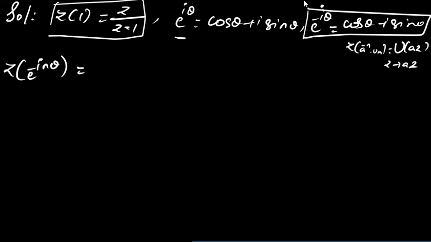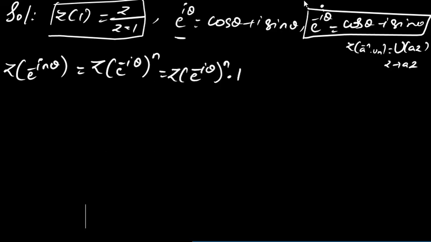Instead of writing this, I can also represent it as e power minus i theta whole power n, because e power minus i theta turns out to be a constant. So I can write it as e power minus i theta whole power n into 1. So you can take the transformation of the function.